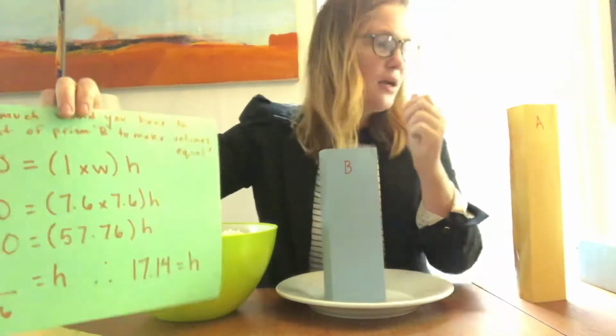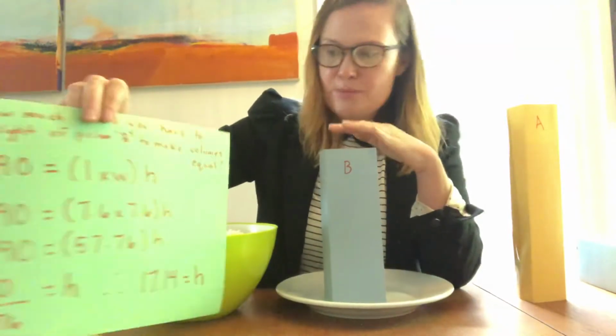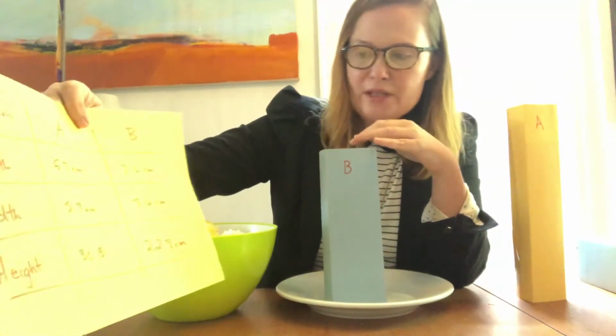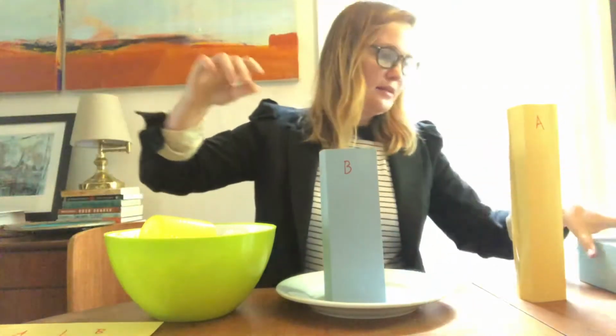That means I would have to reduce the height of prism B from 22.8 centimeters to 17.14 centimeters. And in fact, just for fun, I did that.